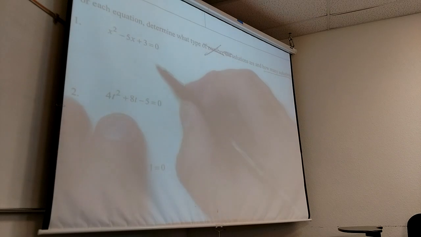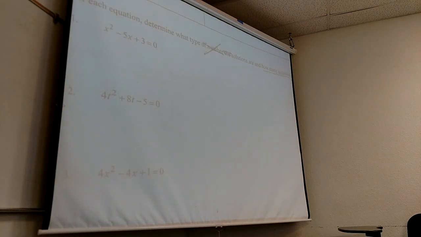The main piece of the formula that tells me what type of answers and how many is b squared minus 4ac. Why does it do that? Because it is under the square root. It's the piece that if it's negative, these kind of answers happen. If it's positive, these kind of answers. If it's 0, the plus or minus goes away, you get one answer.